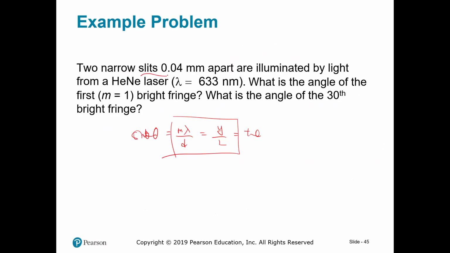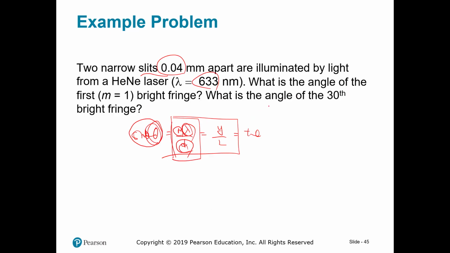And then the slit distance is 0.04, so d is given. And then lambda is 699. So what is the angle of the first bright fringe? So now you're looking for the angle theta, right? And m is 1. So m is 1, lambda given, d given, then this value itself is going to be your theta, right?